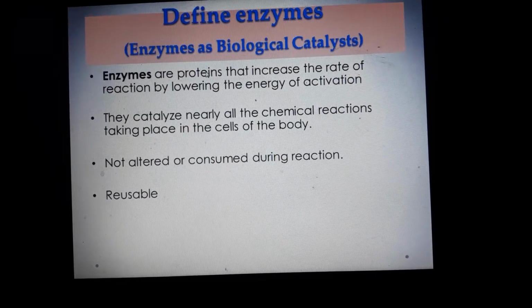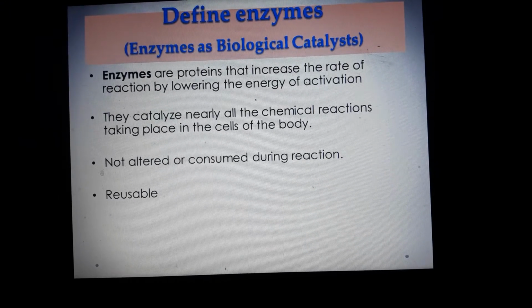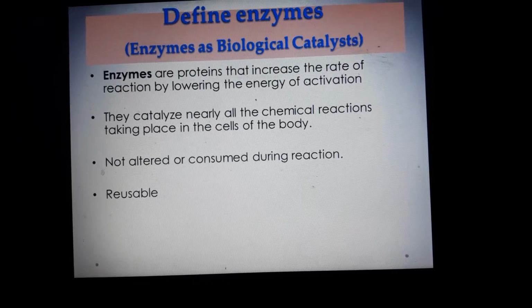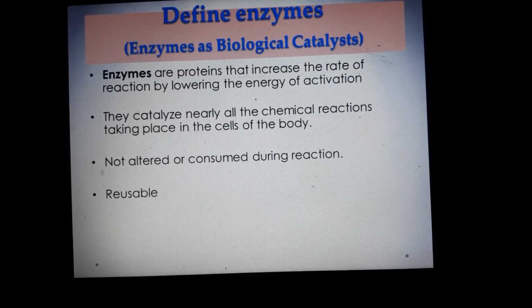So define enzymes. Enzymes are proteins that increase the rate of reactions by lowering the energy of activation. So enzymes are proteins that speed up reactions, and there is lowering of energy of activation, because the lowering of energy is due to the enzymatic reactions between the reactant and the enzymes, or between the substrate and the enzymes.